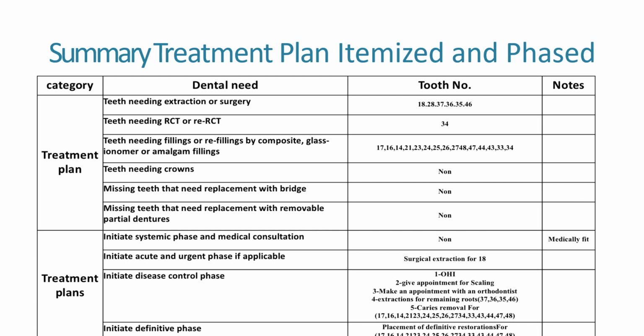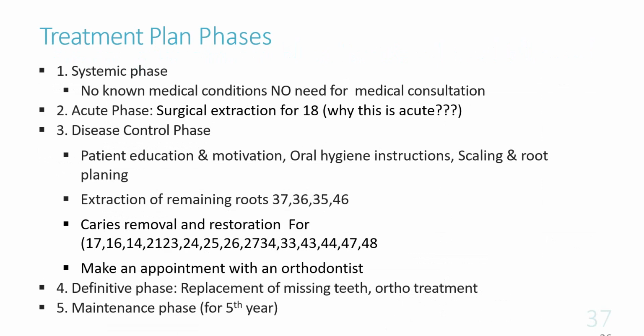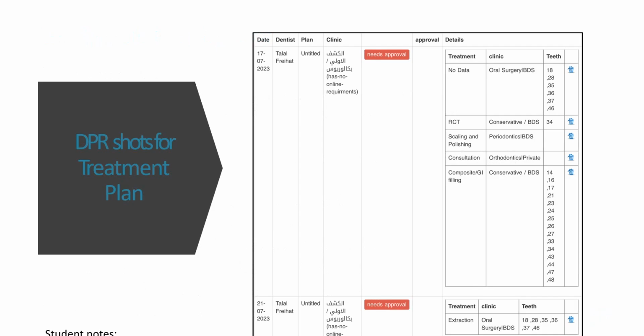By this, the student is practicing and repeating the treatment plan in different ways so that he gets used to this way of planning treatment. Again, the phases are clarified, detailed, and written in, let's say, a more readable format.